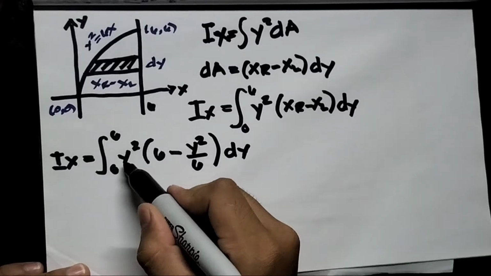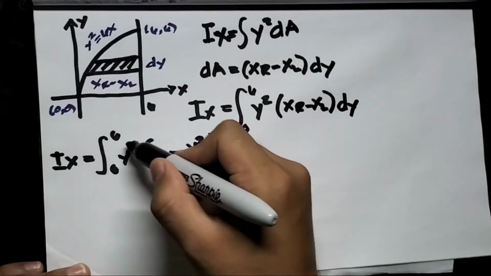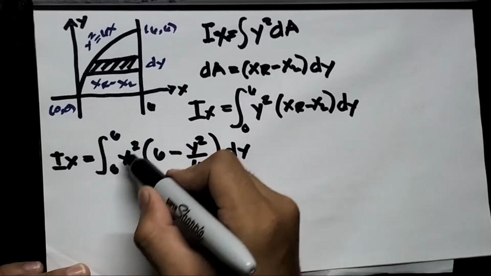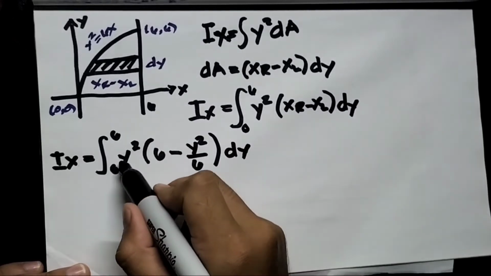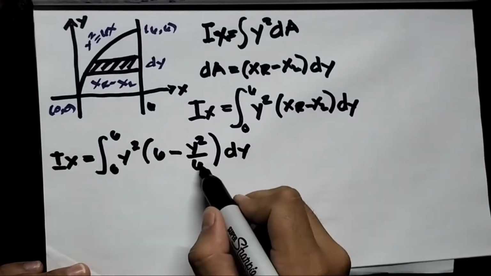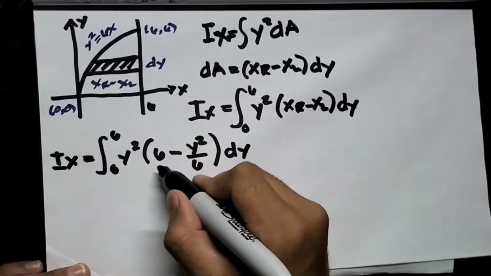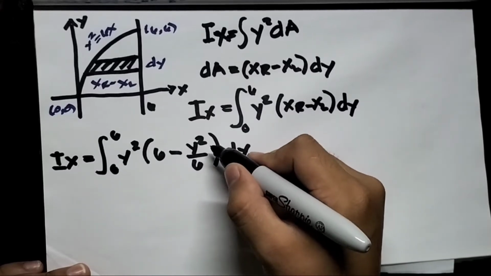So first, we need to distribute y squared to this 6 minus y squared over 6.